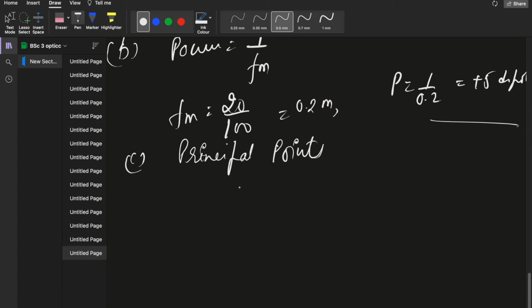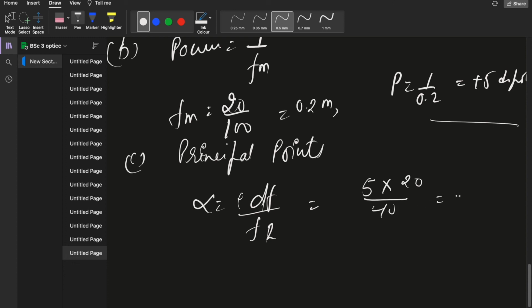Now the third term asks for the principal points. The principal points are alpha and beta. Alpha is d f upon f2, where d is 5, equivalent focal length is 20, and f2 is minus 10. So this gives minus 10 centimeters. So alpha is at minus 10 centimeter, the first principal point.